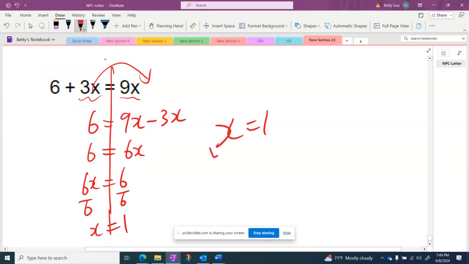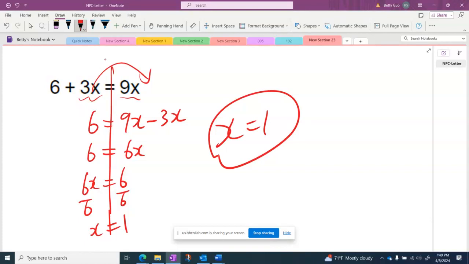X equals 1 is a linear equation in two variables. At this point, if you paid attention, you should remember that even though we do not have a y variable in the equation, this is a linear equation in two variables. It represents a straight line.